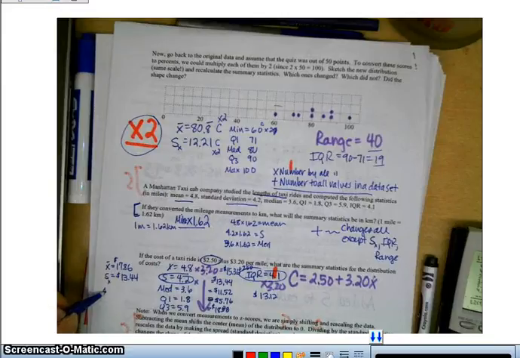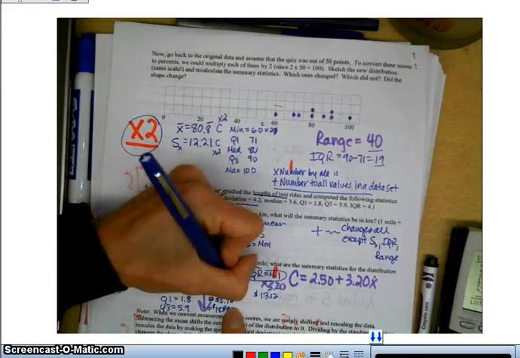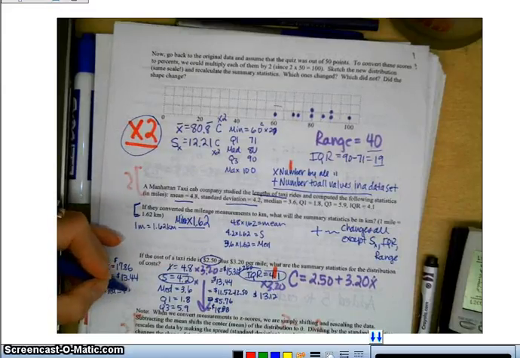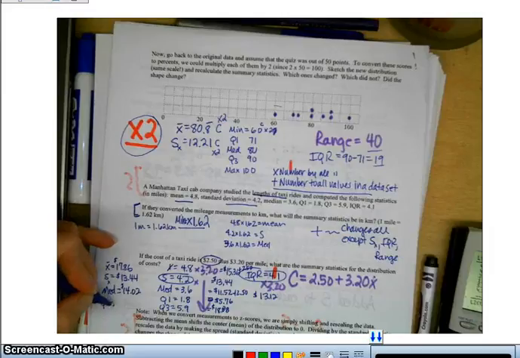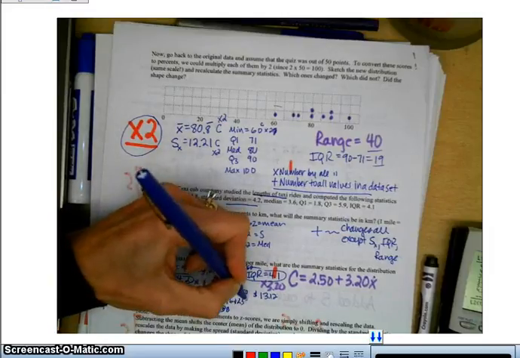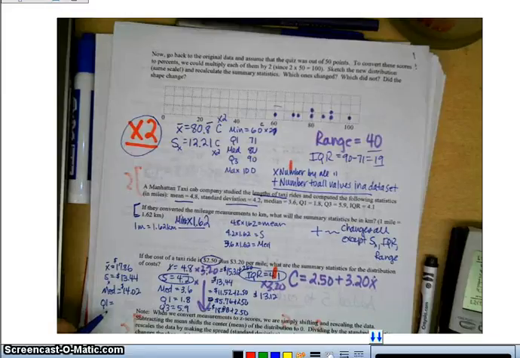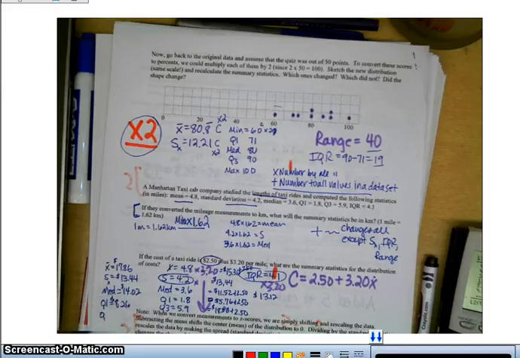The median will add 2.50 to it, so that would be $14.02. Q1 will also add 2.50 to it, as will Q3. So Q1 will be $8.26, and if I make a little mistake adding, I'm very sorry.